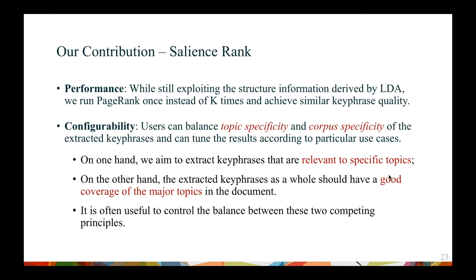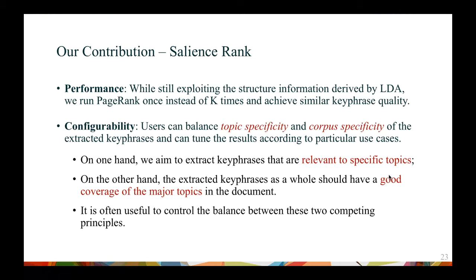On the other hand, we also want a set of key phrases which give you good coverage of the document as a whole. Put in another way, sometimes the key phrases that are representative exclusively for some topics are important. Other times, the key phrases which are representative for the corpus as a whole are more important. So in practice, you need to balance these two concepts.